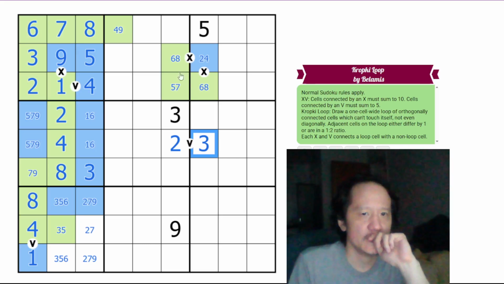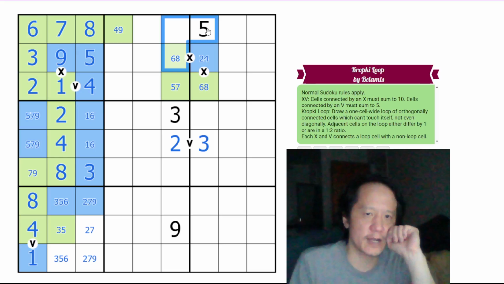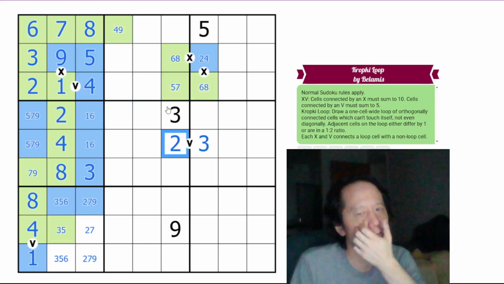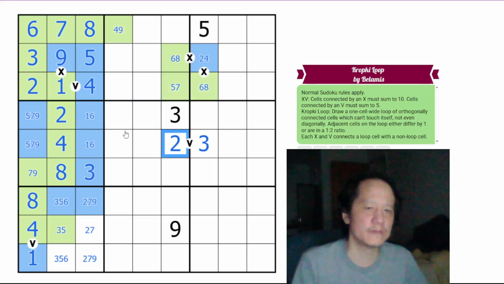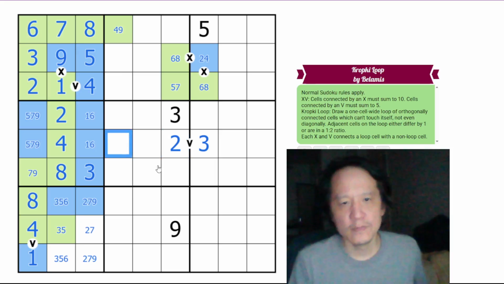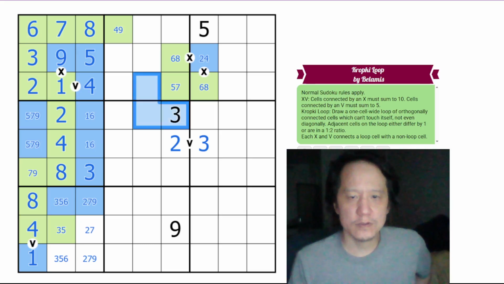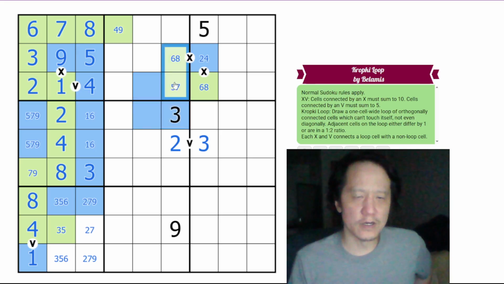Okay. This can never go back that way. Well, actually, it could technically. It'd be a very weird loop, but it could technically do that. So we're not going to rule that out yet. These are not on the loop because it would touch itself.